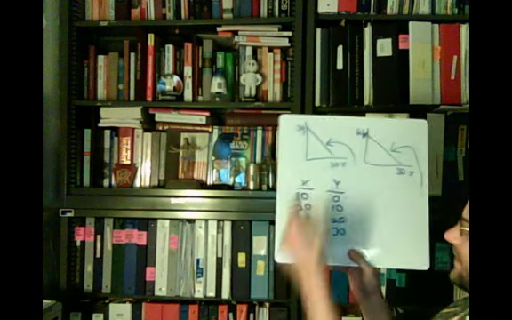Let's set up a situation where I just write out the points along the frontier for country number 1.